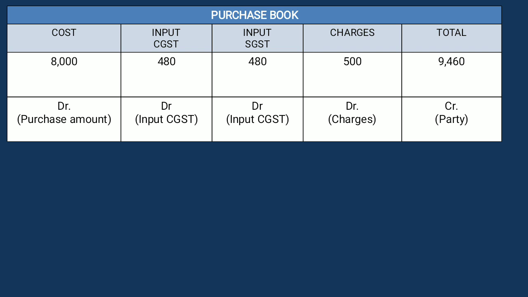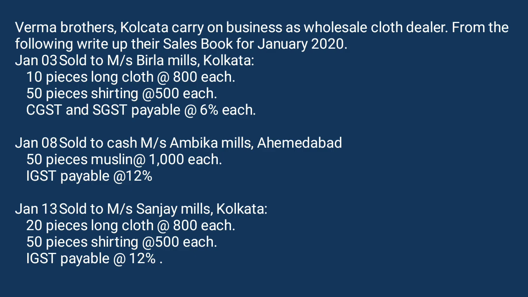Input CGST 480, input SGST 480, and different kinds of charges 500 that we have to debit, and we have to credit the party. So purchase account debit 8,000, input CGST 480, input SGST 480, charges on purchase 500 to party's account we have to credit. That was your journal entry on the basis of your transaction.